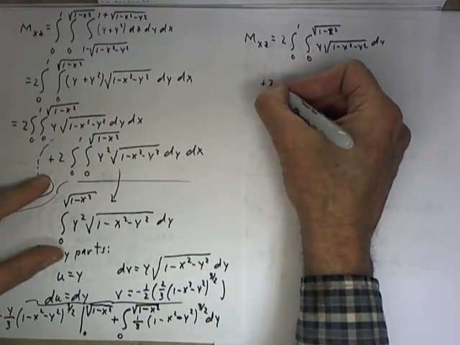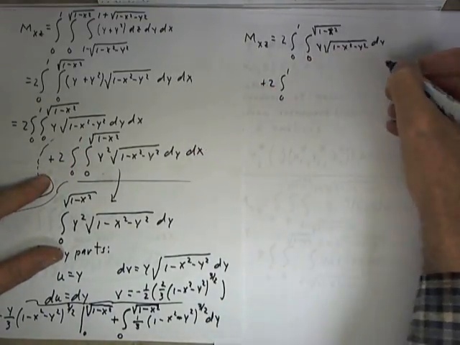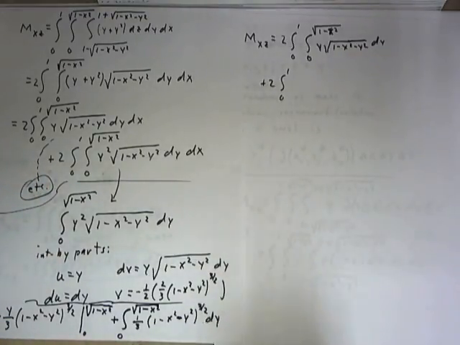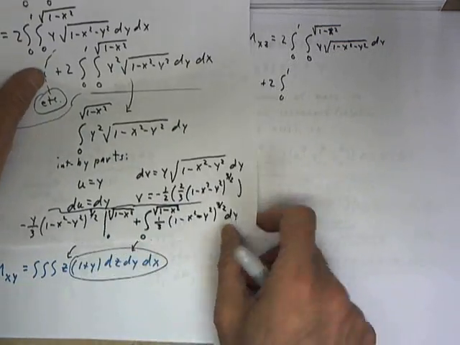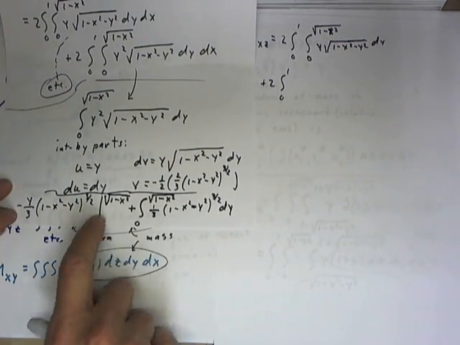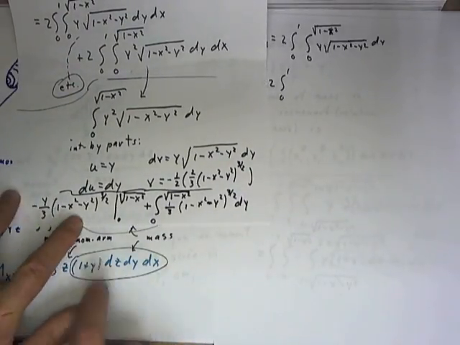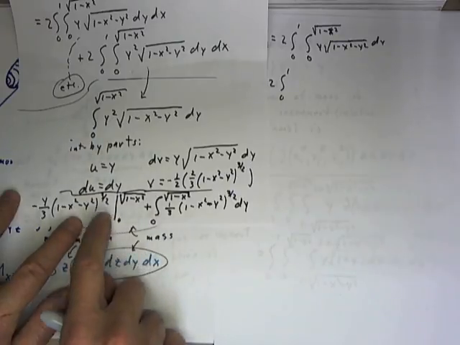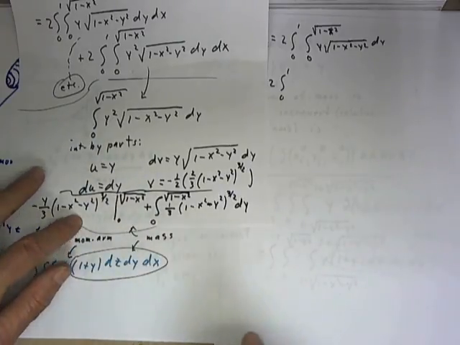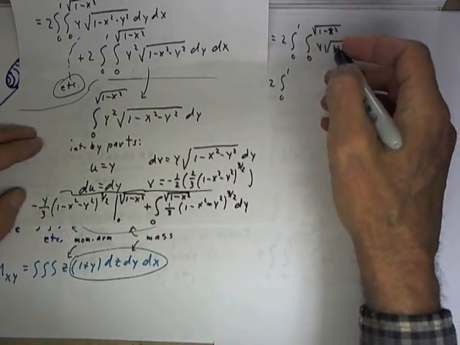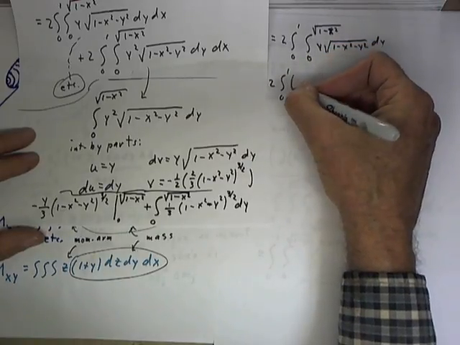So that's going to be 2 times the integral from 0 to 1 with respect to x of, again, looking at our last results here, we're going to have the negative y over 3 times 1 minus x squared minus y squared to the 3/2 evaluated between these limits. And I'm going to go ahead and write that in.